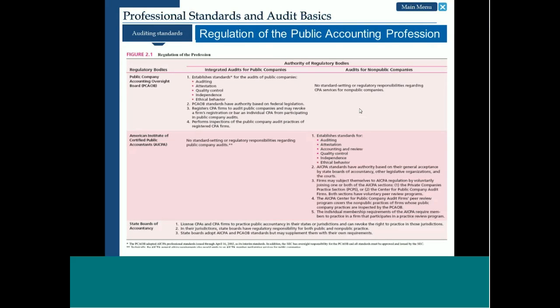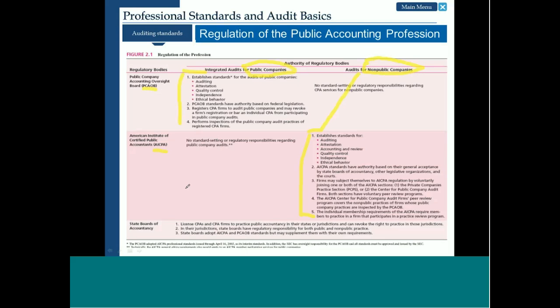As you can see in this table, this is for public companies and this is for non-public companies. As I said, the PCAOB issues the standards that are more relevant for public companies, and the AICPA board issues the standards and guidance for private or non-public companies.